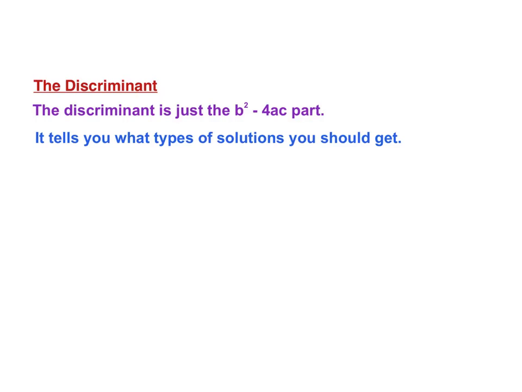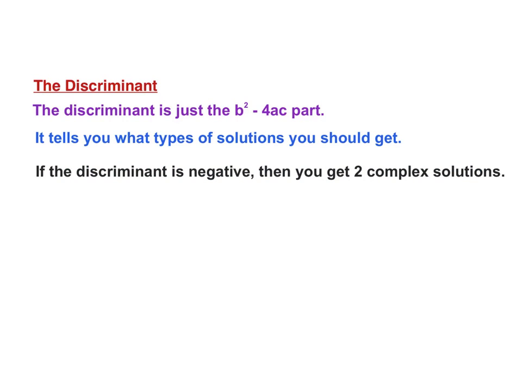Now we're going to be able to talk about those two solutions when the parabola does not cross the x-axis. Because when that happens, the discriminant is negative, meaning what's underneath the square root is a negative number. Which means if I have a negative number underneath the square root, we're talking about imaginary numbers. So therefore, there are two solutions. They are complex solutions, imaginary solutions.